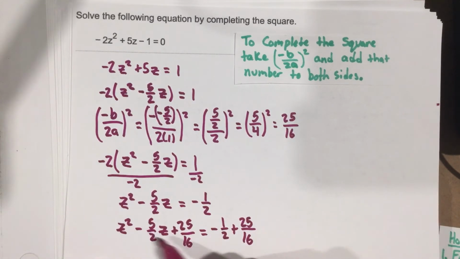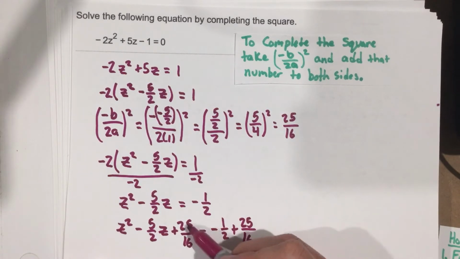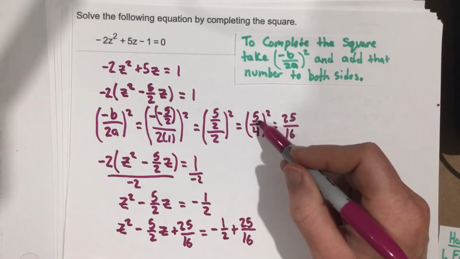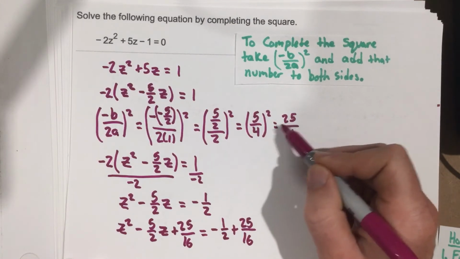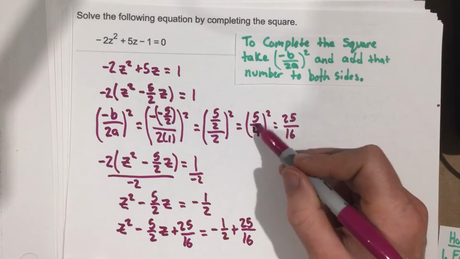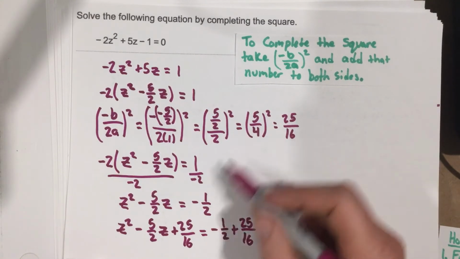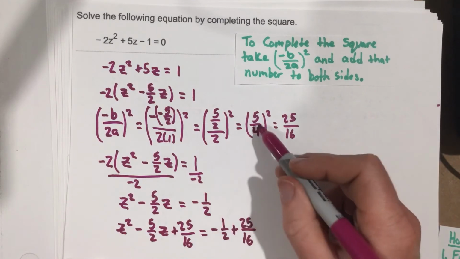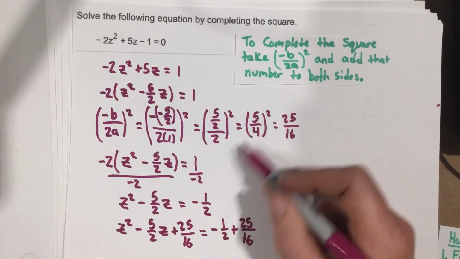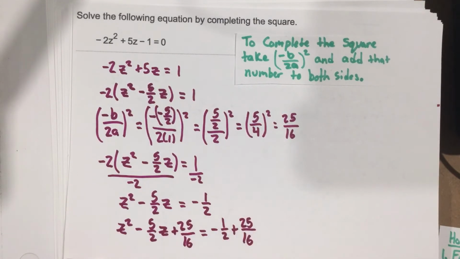Now we want to factor this out. Well, what's the factors of 25 over 16? The factors of 25 over 16 was 5 over 4 because we did 5 over 4 squared to get it. So 5 over 4 is the number that we're going to use that's the perfect square, that when you add two 5 over 4s together, you end up with 5 halves.